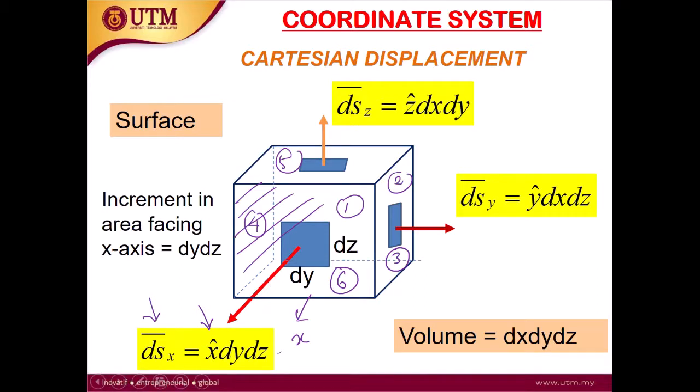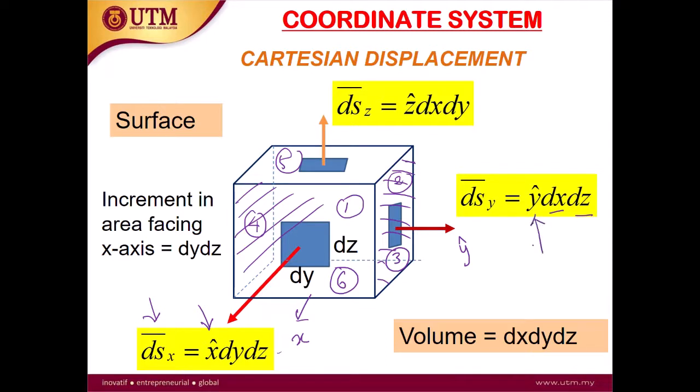Similarly, if we choose the right hand side here, we have the surface facing the y-axis. So we rename it as ds y bar, equal to dx dz. So basically to determine the surface, the increment is along dx and dz, and the surface is normal to the y-axis.